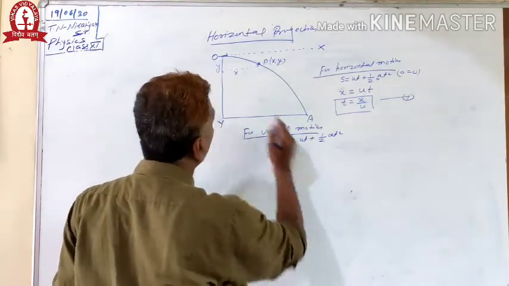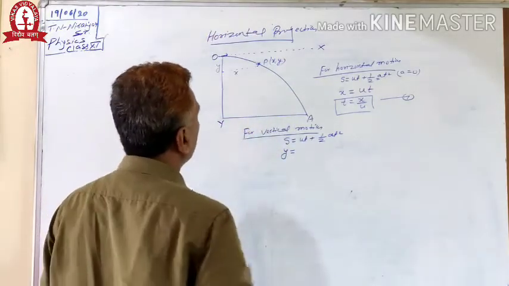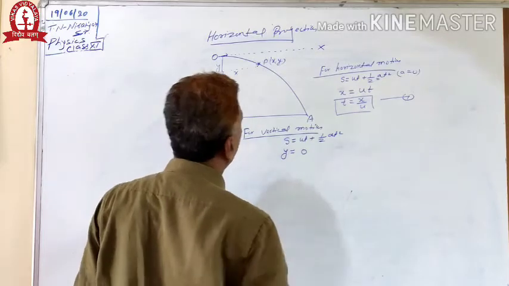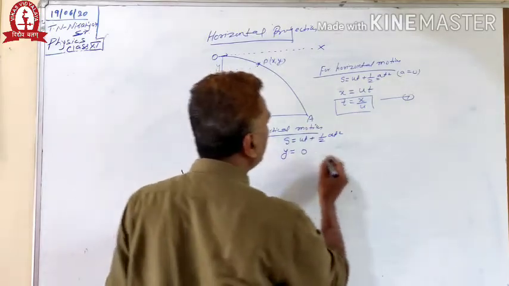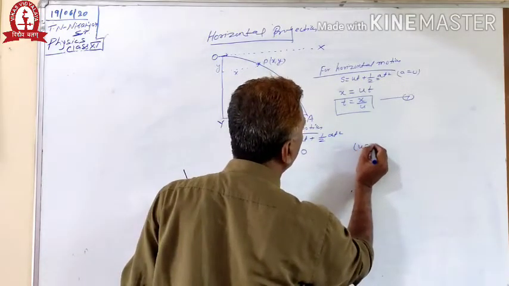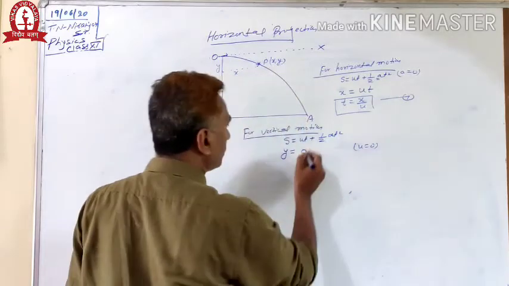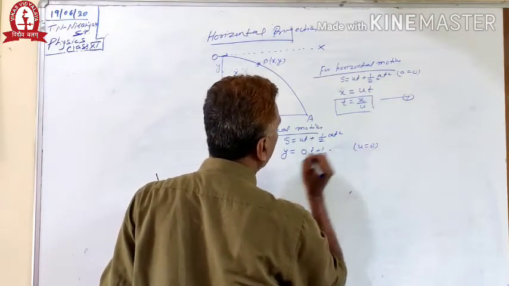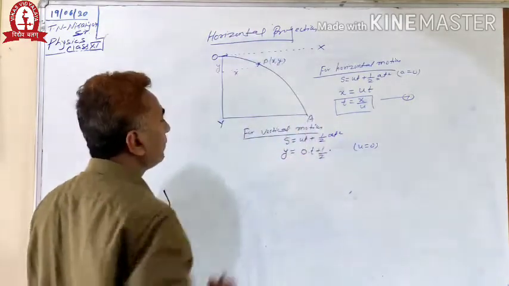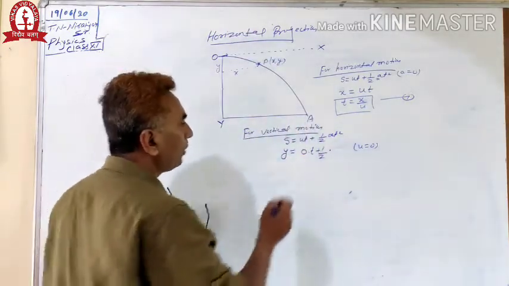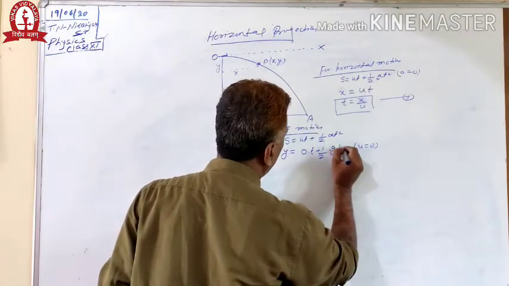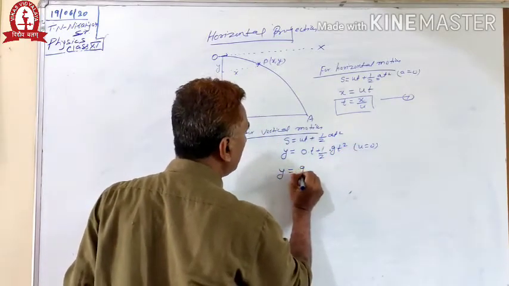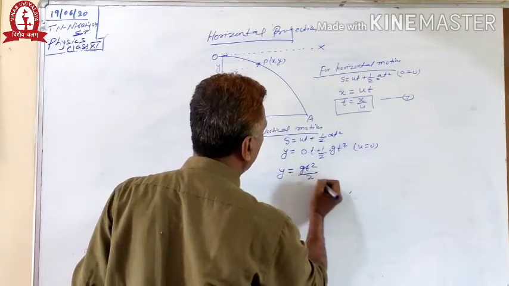What about u? In the vertical motion, the initial vertical velocity is 0. Why 0 here? Because u is equal to 0 in vertical motion. So 0 into t plus half into a. For a, this is coming vertically downward, so the value of g will be positive, and t². So y = gt²/2.